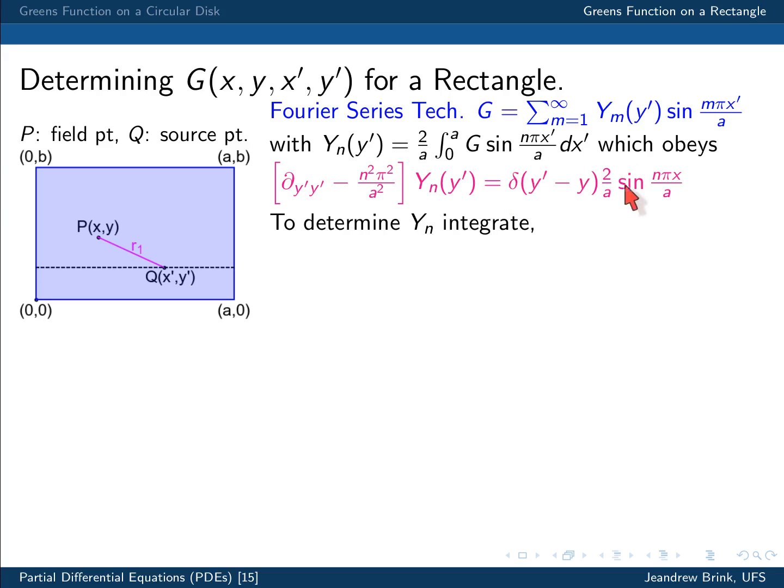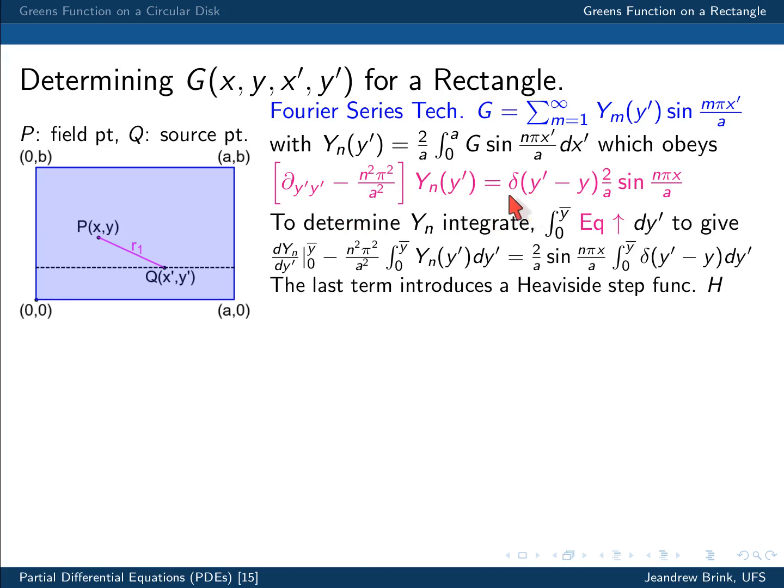If you recall, this thing is strictly speaking a density, so it's not a function itself, and it only makes sense under an integral sign. So we're going to again integrate this equation above once. If we integrate it once, the first term just becomes the boundary condition.